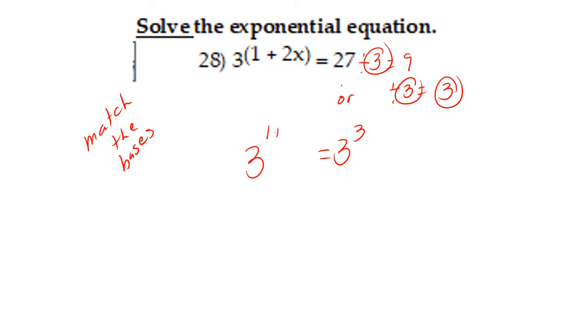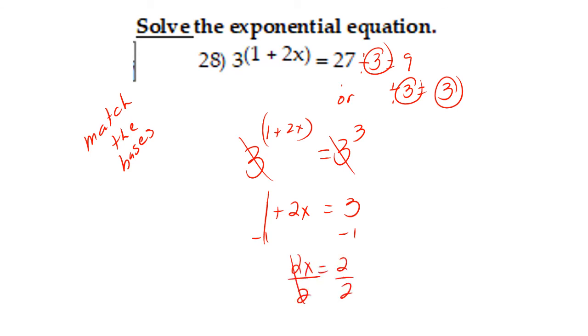When I rewrite this with matching bases, I can cancel the bases and just solve for the exponents. So if I subtract the 1, I get 2x equals 2, divide by the coefficient 2, and my answer is 1. So keep dividing that larger number until you can match up the base.